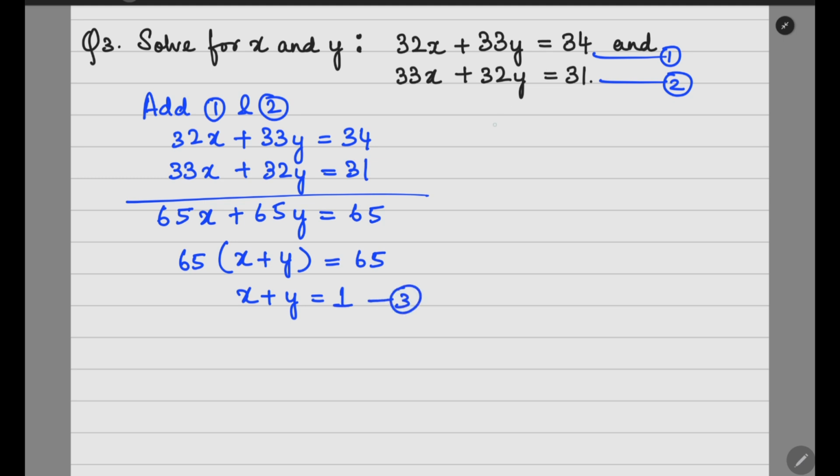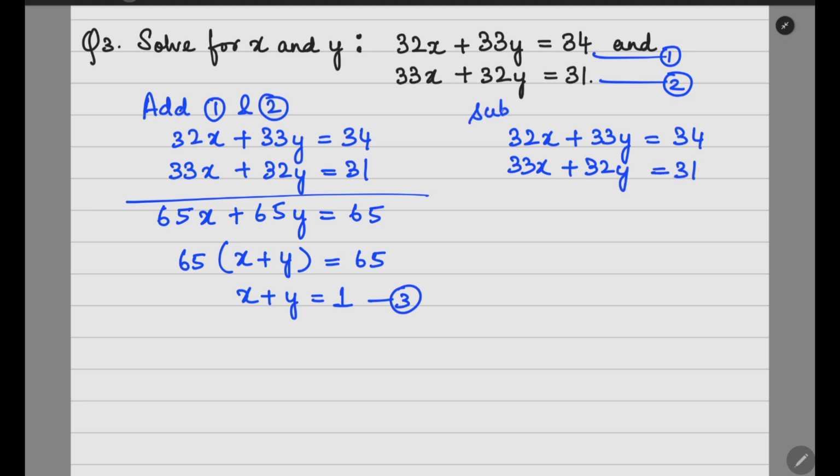Now the next one is to subtract 2 from 1, or subtract 1 and 2. So when you're subtracting 1 and 2, let's do that. 32x plus 33y equal to 34. 33x plus 32y equal to 31. Now subtract.